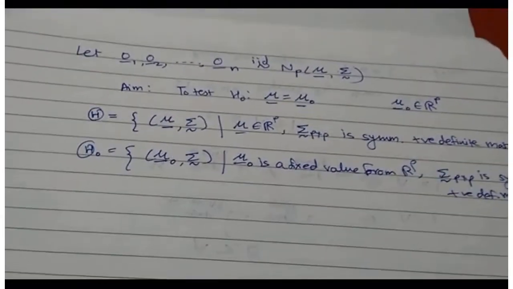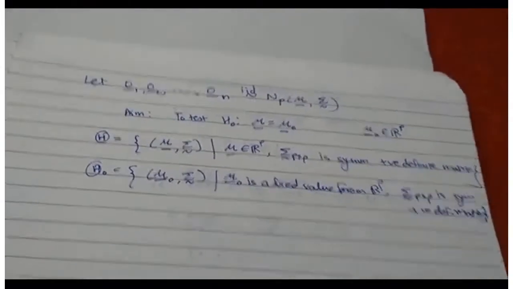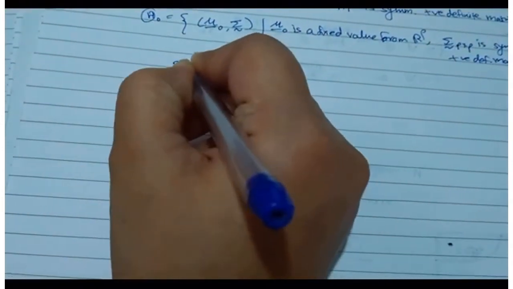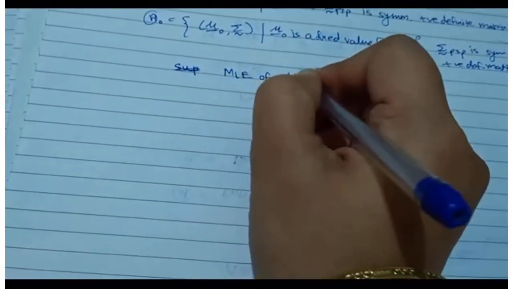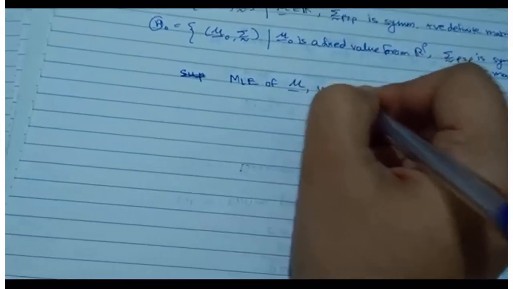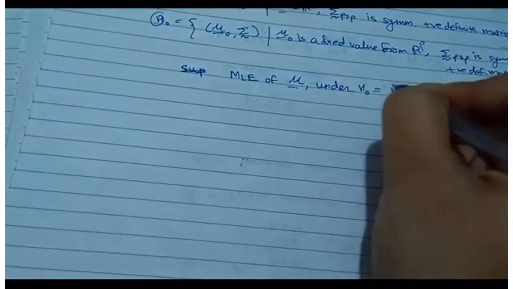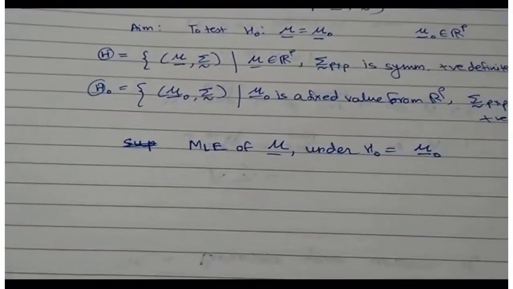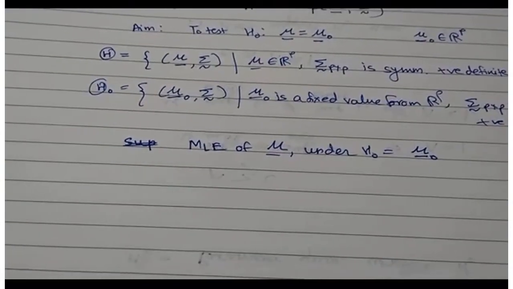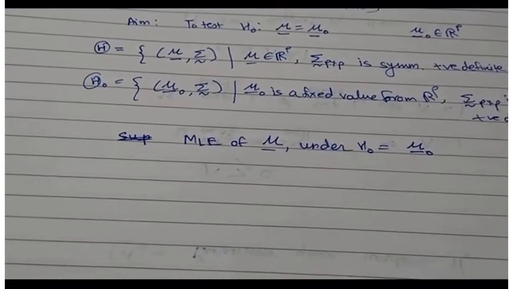Now I am going to give you some homework. We know that the MLE of mu under H naught will of course be mu naught. That is obvious because no other parameter value is allowed. My H naught allows only mu naught to be a possible value. So no question there.